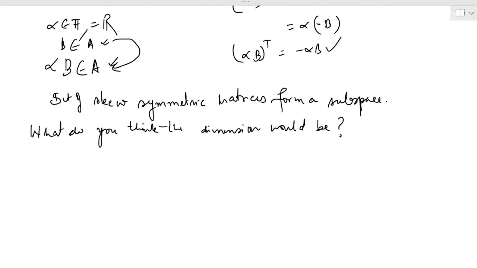Please let me know if there is a doubt. So, what do you think the dimension for the subspace of skew symmetric matrices would be? Just let me know.